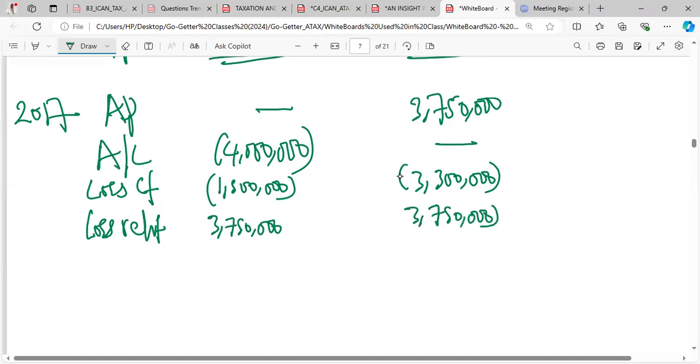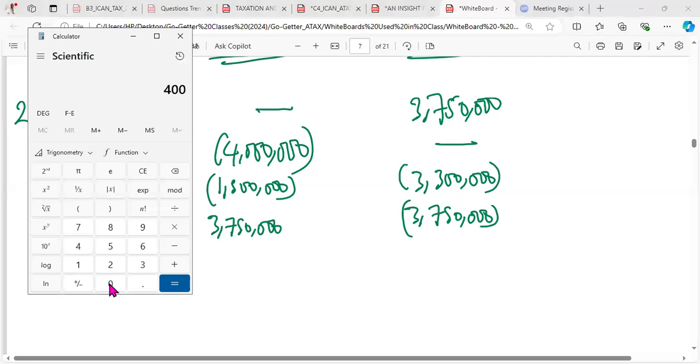Okay. So what will happen now is loss carried forward. When we have 4 million and we relieved 3,750,000 from it, we have 250 still left.